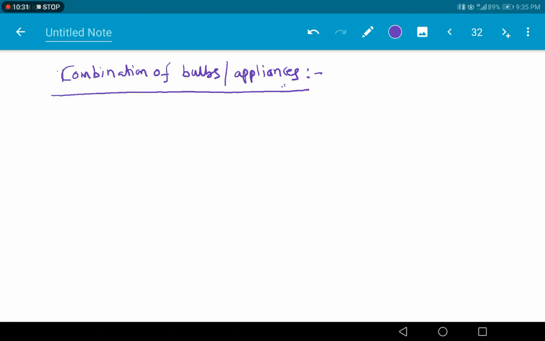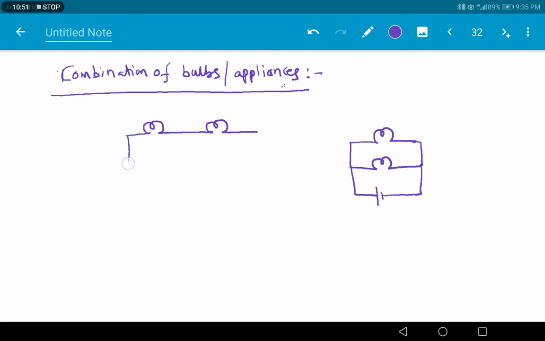Generally we can connect the devices in two ways. One is series combination, another one is parallel combination. Two combinations we have. We connect them to a battery of voltage V, to a source of voltage V.